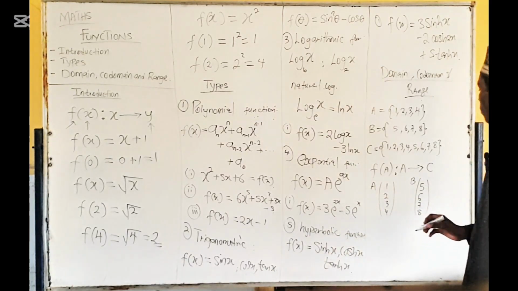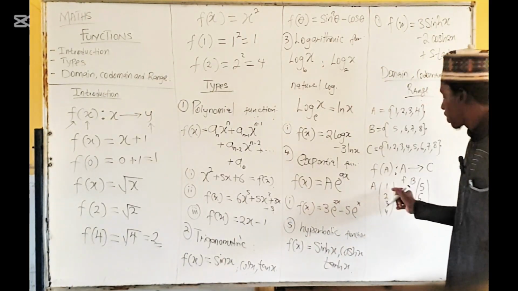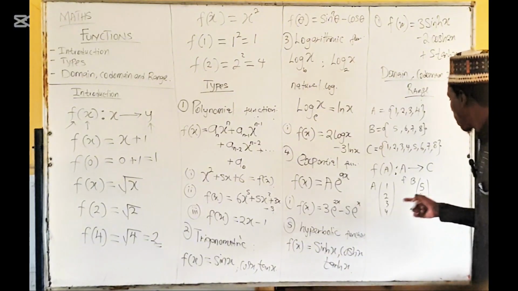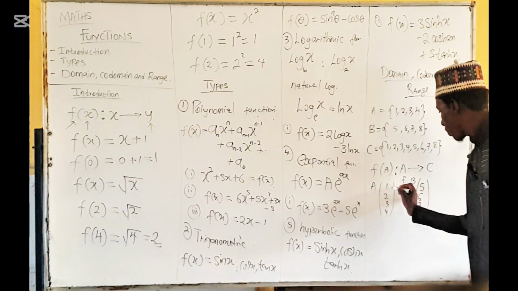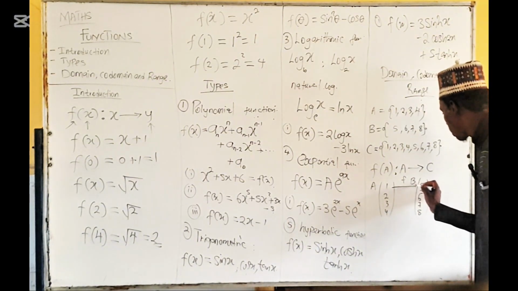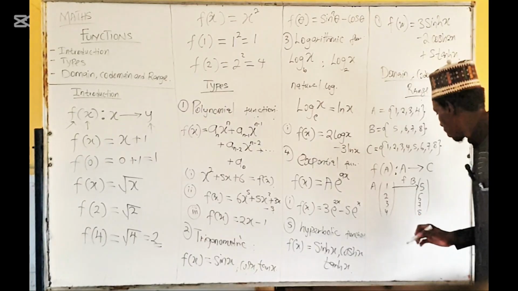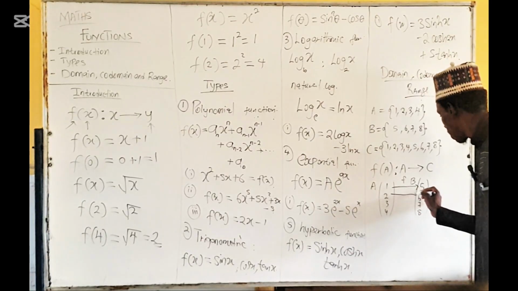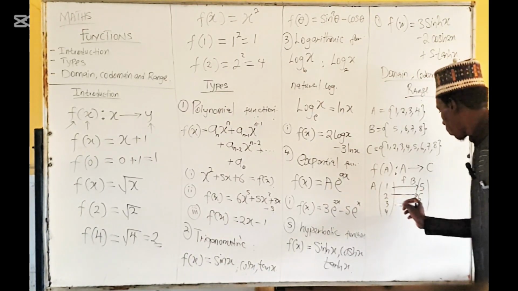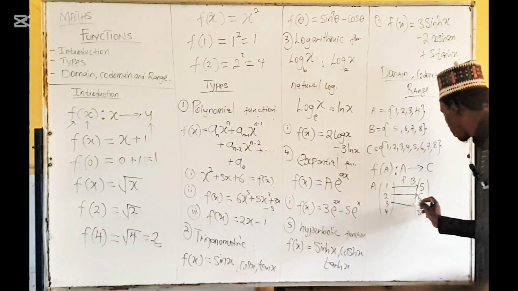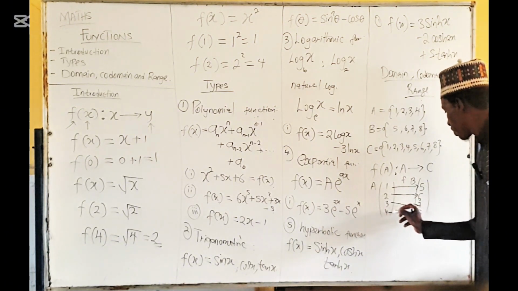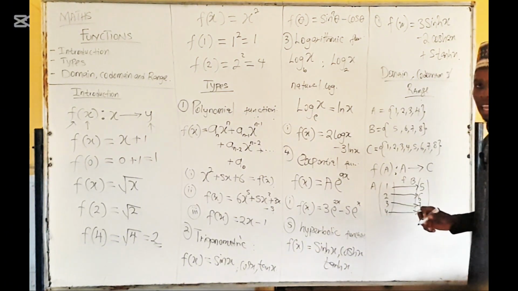As we can see, this is a function, because a function is always a relation. So we are saying whenever we put 1 in the function, it gives us 5. When we put 2, it gives us 6. When we put 3, it gives us 7. When we put 4, it gives us 8.